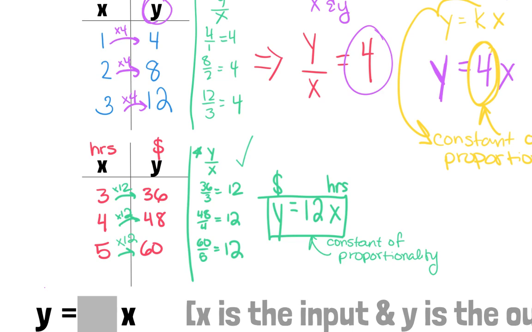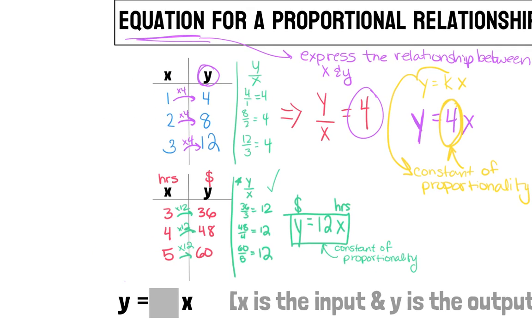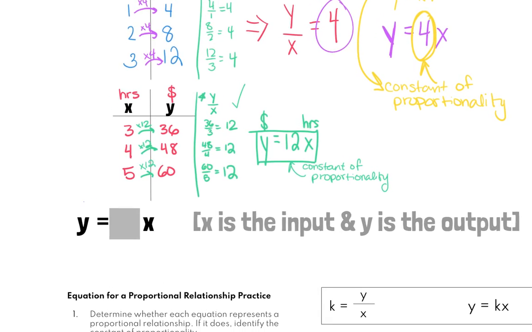And the important thing is that we're always taking our y and dividing that by our x. So right here down at the bottom we have y equals k times x, where k is the constant of proportionality.